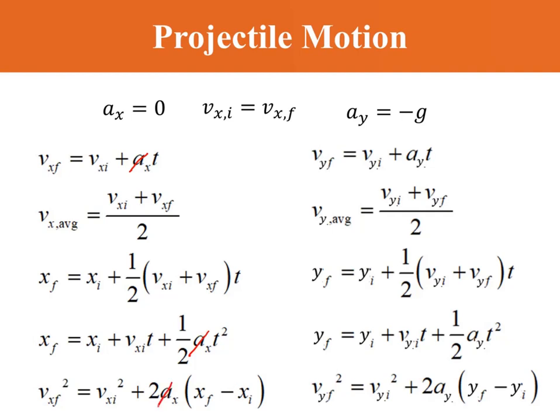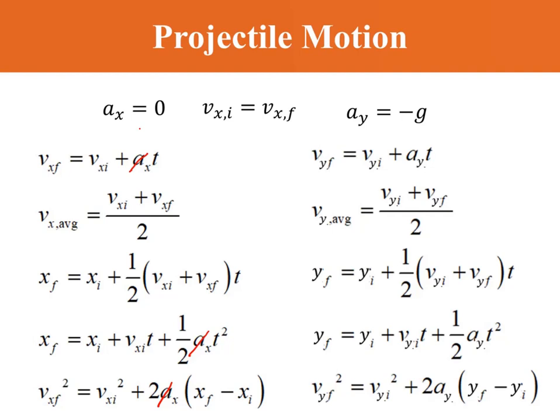So for the x equation, since ax equals 0, this one is cancelled, and we have vx final equals vx initial. But this equation cannot be used, because this is just a statement.